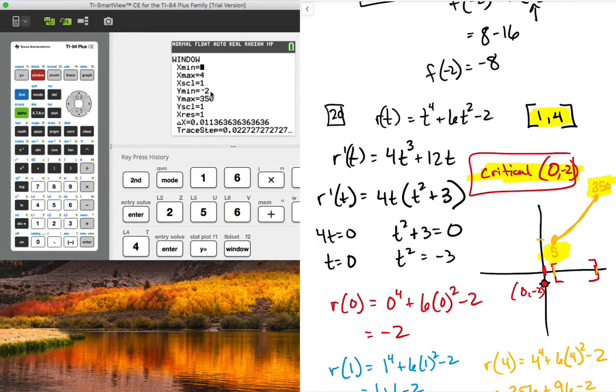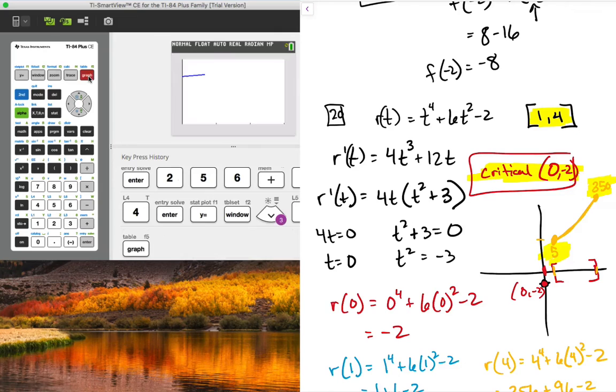And then I'm going to plug in negative 2, because negative 2 is technically not my minimum in that interval. My minimum is actually 5. My minimum is 5. And then my maximum is 350, because that's what I found in my formula. And then I graph it, and there's my graph there. That's kind of what it looks like.